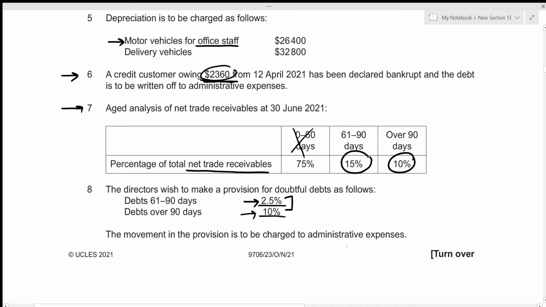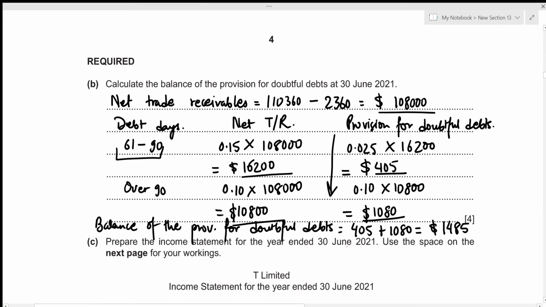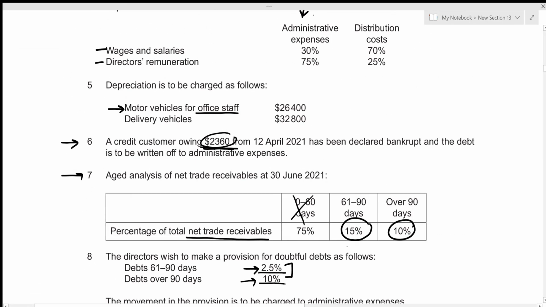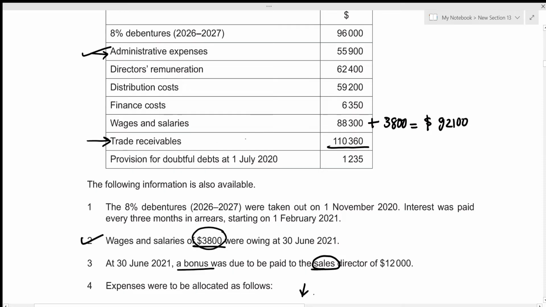So the provision for doubtful debt at the end balance, we figured it out to be 1,485. So we just need to compare it with the opening balance. So opening balance is right here. So that's 1,235. So obviously there's an increase. Let's just figure that out. So increase in provision for doubtful debts.